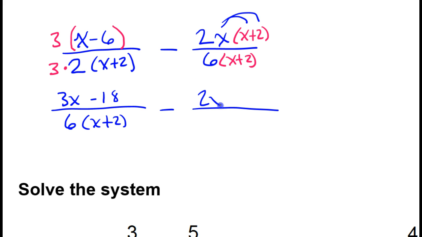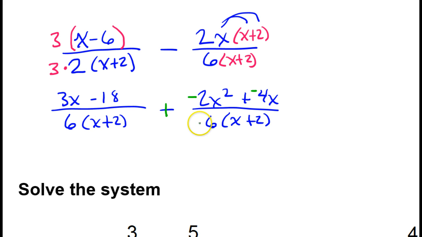So that's going to give me 2x squared plus 4x, over 6 times x plus 2. Now, I have to do an extra step because this is subtraction. I need to distribute this minus sign. So I'm going to turn this into a plus, and I'm going to distribute the minus sign like that.